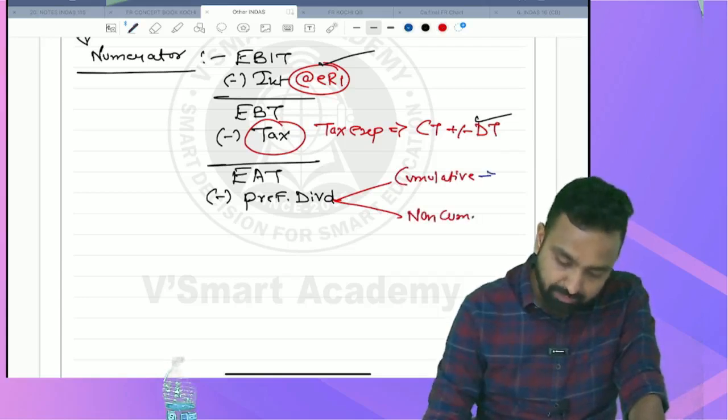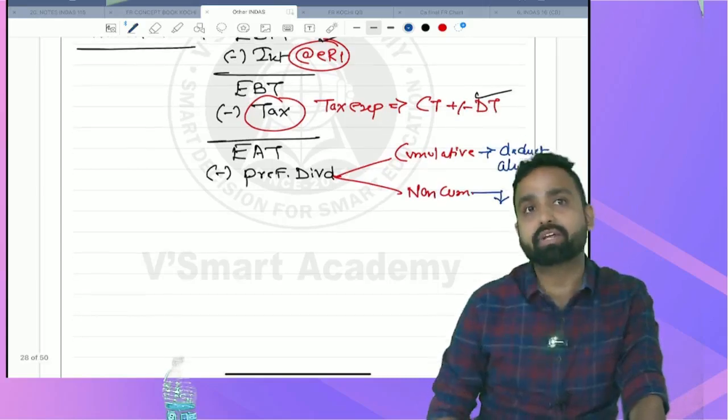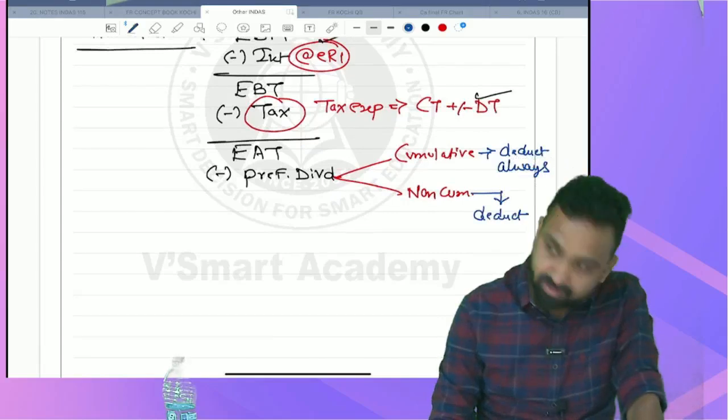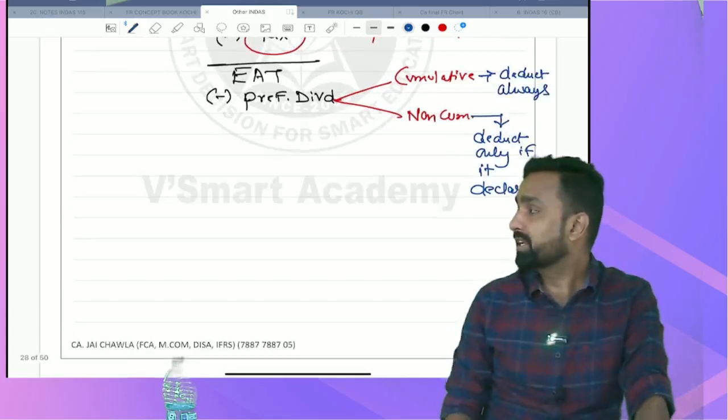If it is cumulative, deduct always. If it is non-cumulative, deduct only if it is declared.